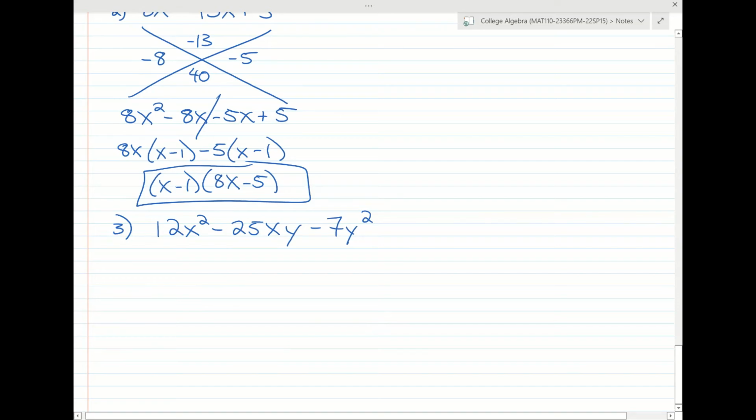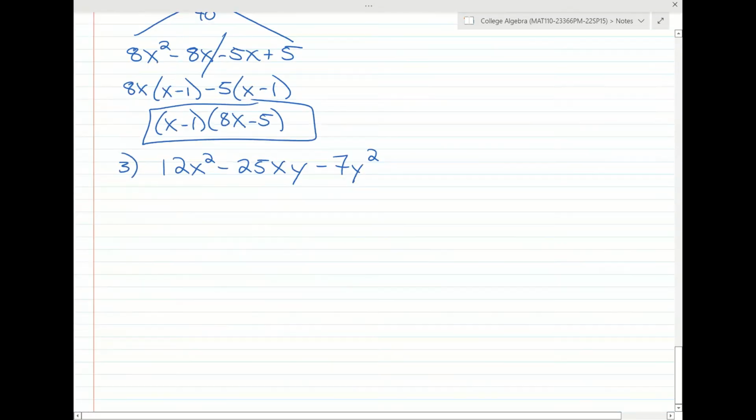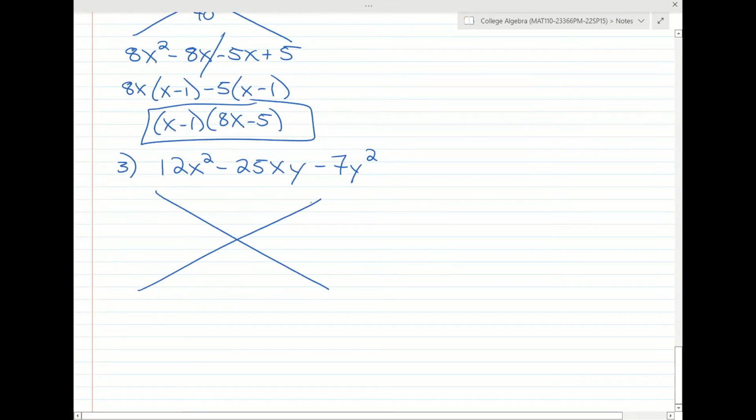It is a trinomial and it looks a little different than the other trinomials that we do, but just follow the rules. The rules are multiply 7 times 12. 7 times 12 is 84. We're looking for numbers that multiply to be negative 84, and they have to add up to be negative 25. So can you guys take a minute and see if you could figure out what numbers do that?